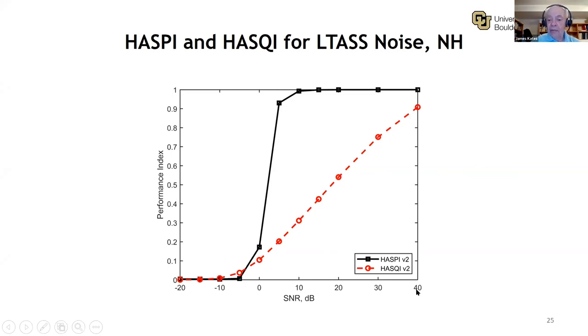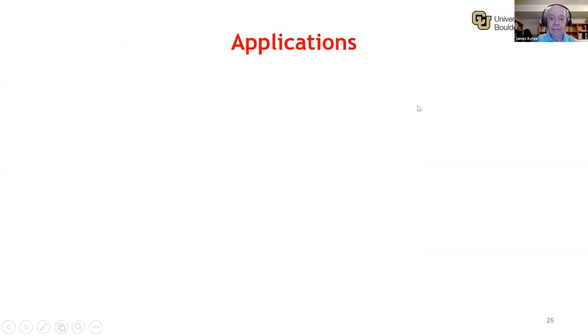And even at a 40 dB signal to noise ratio, our model and the human subject data on which it's based say that there is still some loss in quality, even under conditions where it's very hard to detect, but not impossible to detect, the presence of the noise.